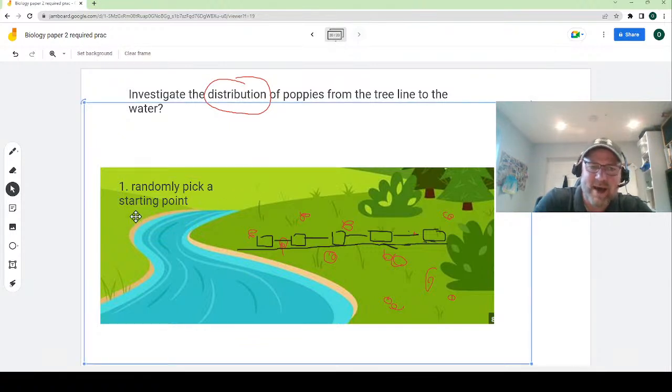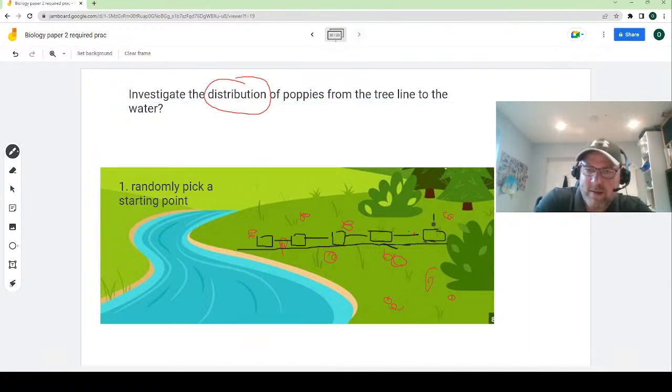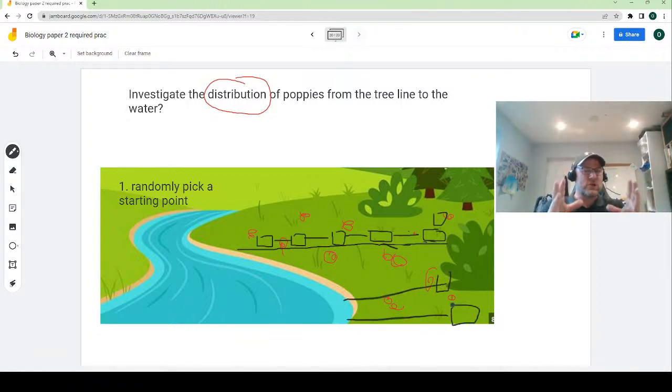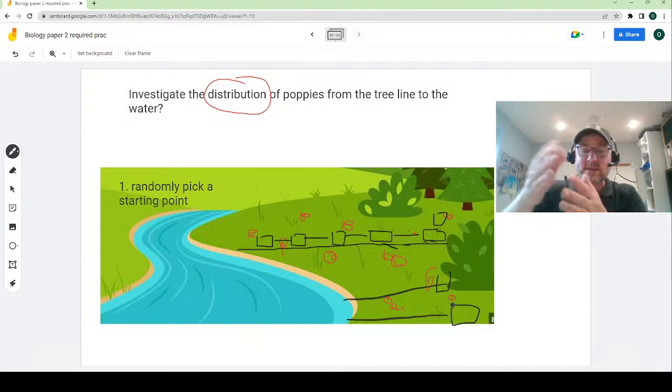I could start my line here, or here, so I can randomly choose where I'm going to start. I should do that randomly, otherwise it has something called bias. Like I might choose, oh, it's nicer and less wet over here, I'm not going to get so much mud on my new trainers. So that's bias. So you should randomly choose where to start.